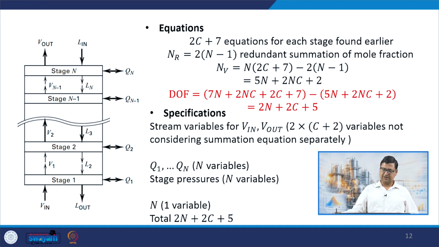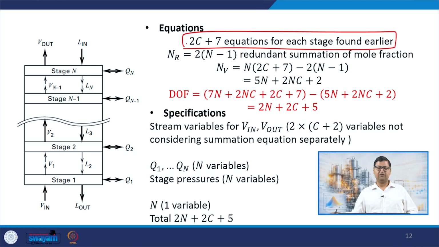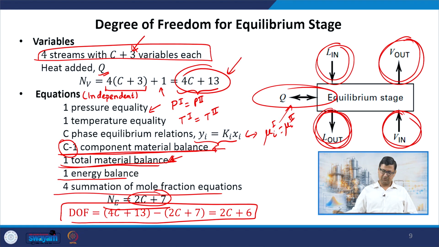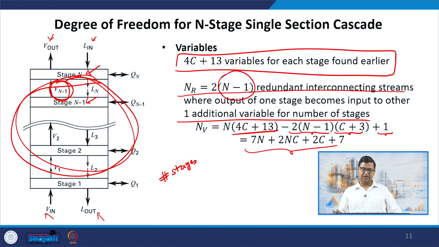And then we can also count the number of equations. So actually, we already have the number of equations figured out earlier. We have seen we have 2C plus 7 equations for an equilibrium stage, but again we have to remove redundant equations which are appearing twice, which are for all the interconnecting streams that we have in there, right.